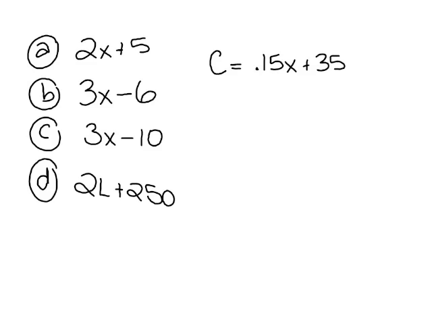So let's say I drove 50 miles. How would I solve that? 0.15 times 50. Whenever I have a variable, I need to draw in a set of brackets, and then I add in my number.